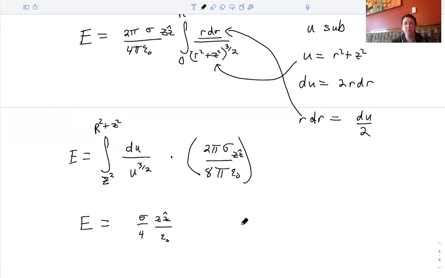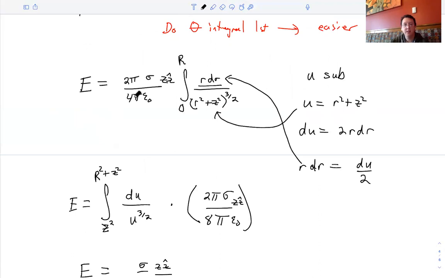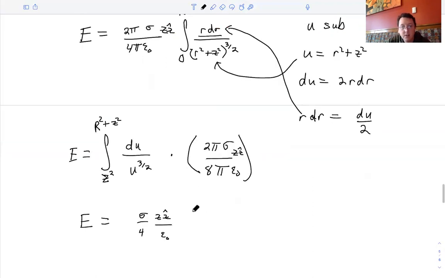I think I've got all the little pieces. Before I pull the trigger on this, let's just check. Good. That 2 pi came from the integral, z hat, got it. I think we're good. And then I have the integral du. Well, that's a power law integral, so I add 1 to the exponent. It becomes u to the minus half, and divide by minus half.